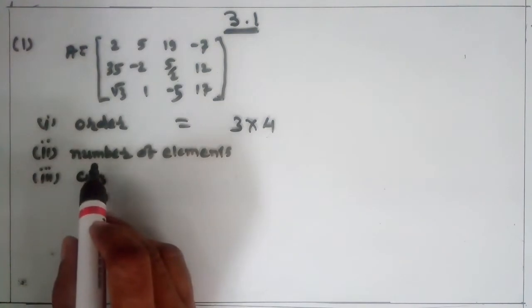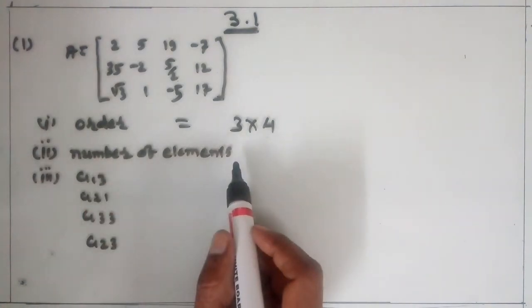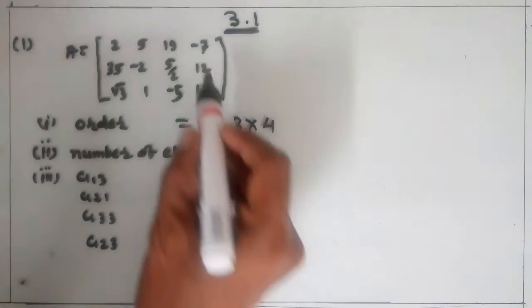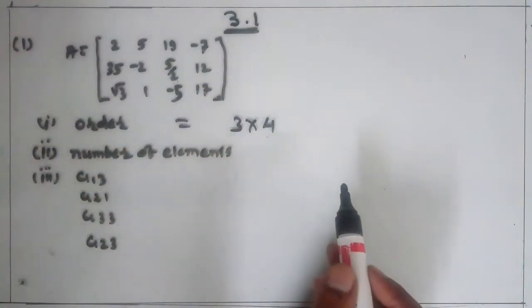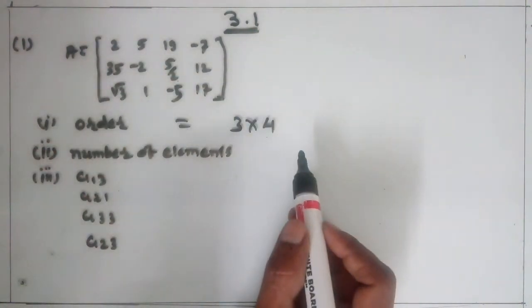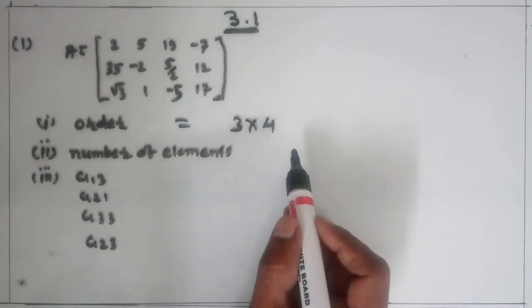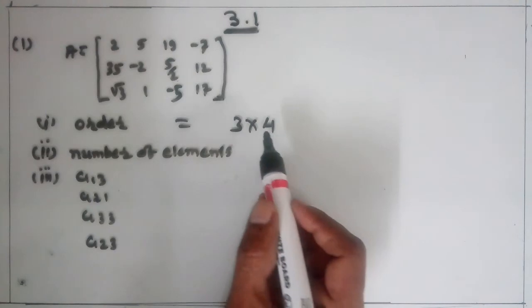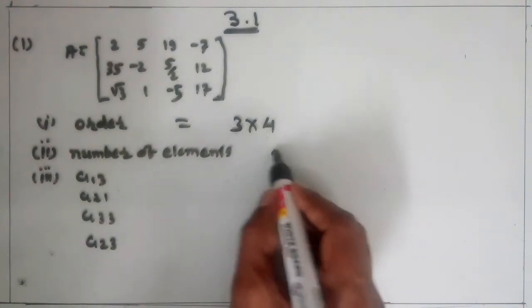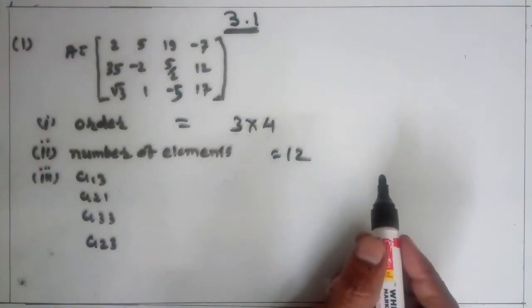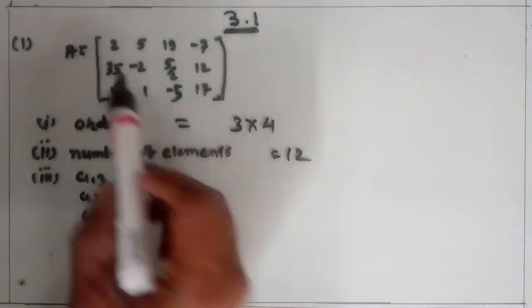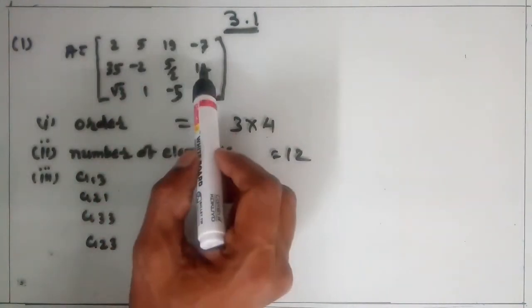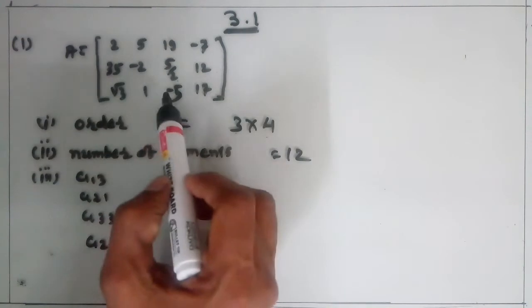Now write the number of elements. This matrix has order 3 cross 4, so the number of elements of this matrix is equal to the product of these two. 3 into 4 is equal to 12. Remember this. Here count this: 1, 2, 3, 4, 5, 6, 7, 8, 9, 10, 11, 12.